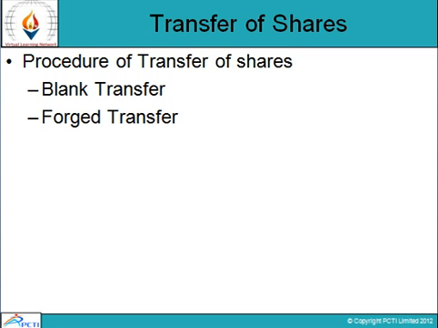Second, forged transfer. Any instrument on which the signature of the transferor is forged is called a forged instrument of transfer, and the transfer made on the basis of such an instrument is termed forged transfer. A forged transfer deed is legally ineffective and confers no title on the transferee of shares.